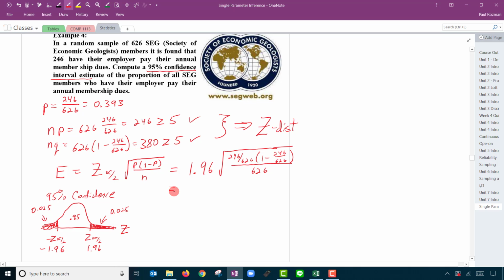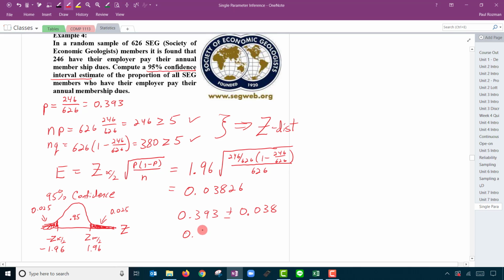After punching this into your calculator, you end up with 0.03826. So roughly 4%. We could say it's 0.393 plus or minus 0.038. I only sampled 626, so I probably shouldn't go to the thousandth position.